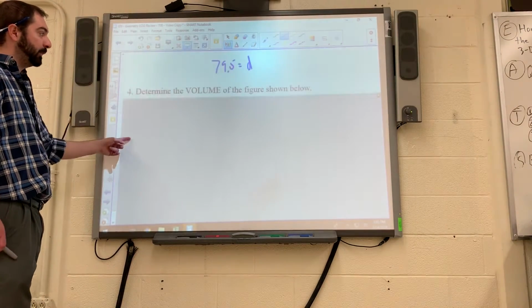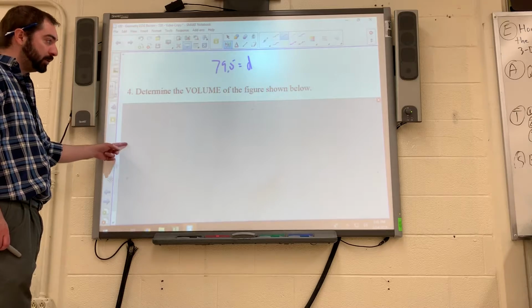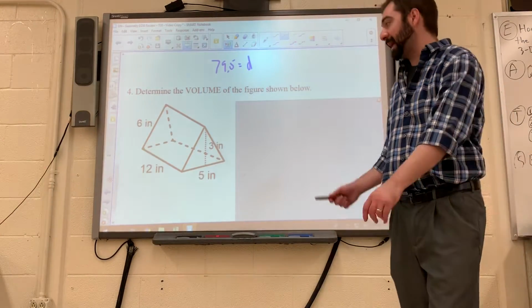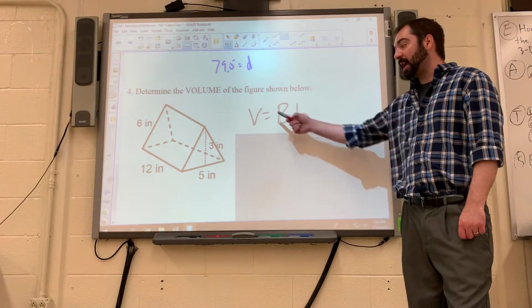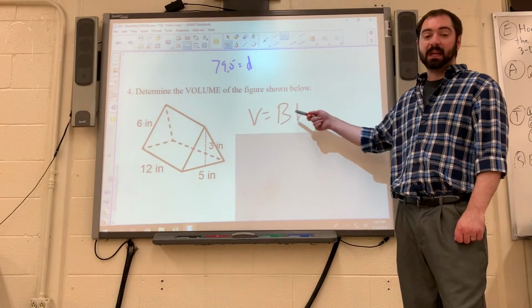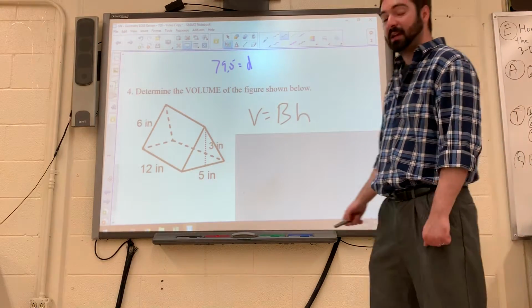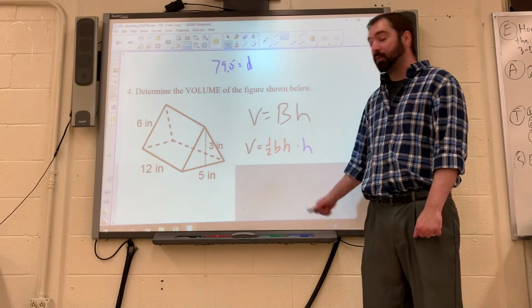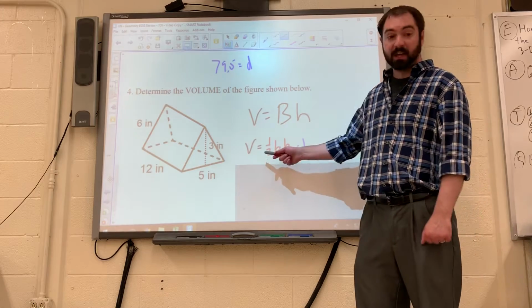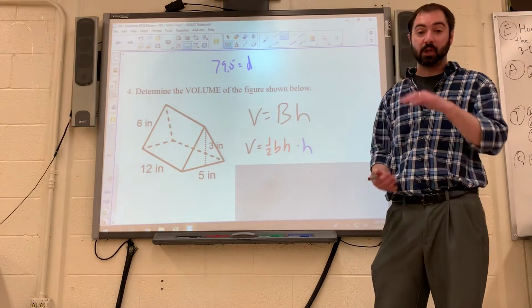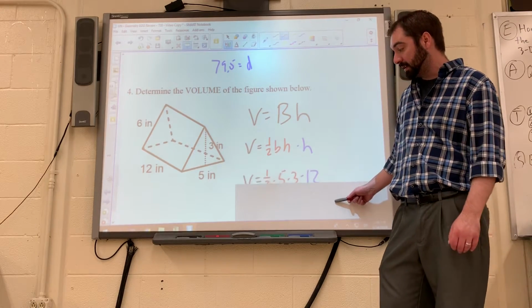And last one, number 4, determine the volume of this figure. Well, we have a triangular prism. Thinking back to yesterday, volume is the same as the area of the base times the height of the prism. I have a triangular base because it's a triangular prism, meaning the real volume formula I'm using is 1/2 base of the triangle, height of the triangle, times the height, or how tall the entire prism is.